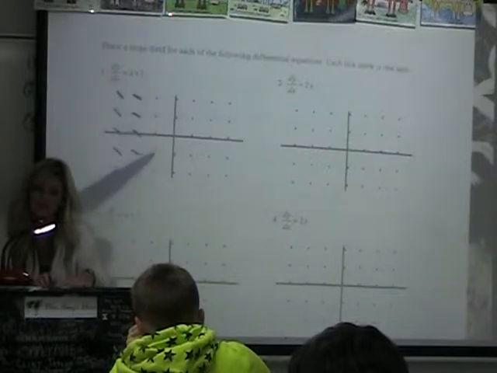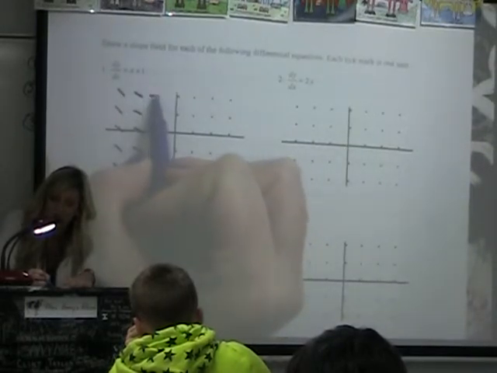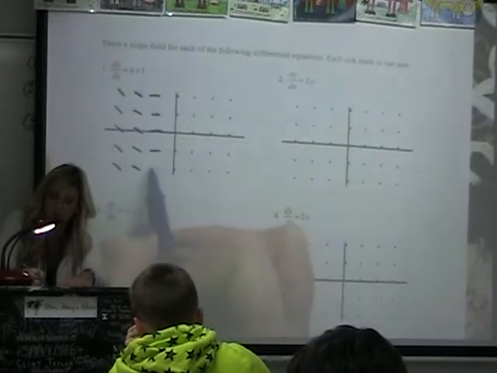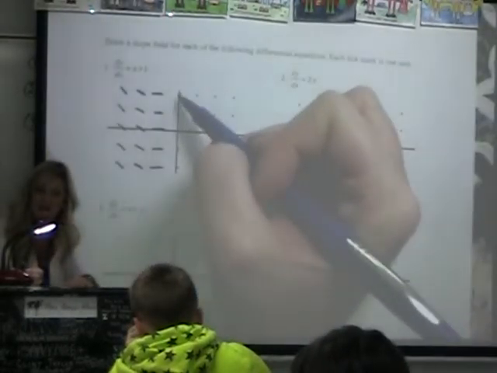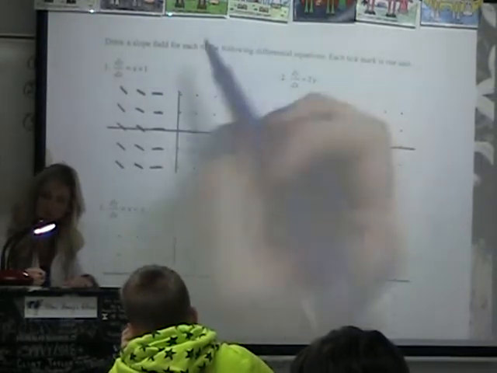Anything with an x value of -1 should have a slope of what? 0. What does a slope of 0 look like? Just a horizontal line through all of those points. Okay, what about anything that has an x value of 0? +1.